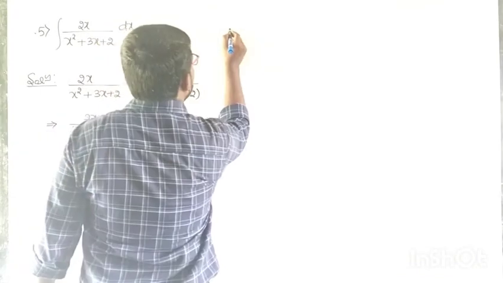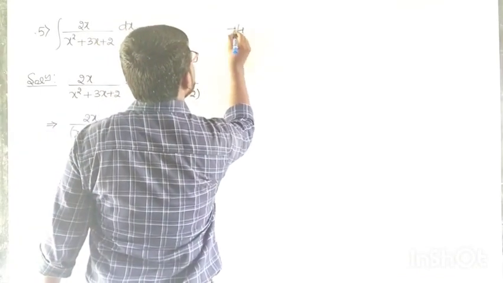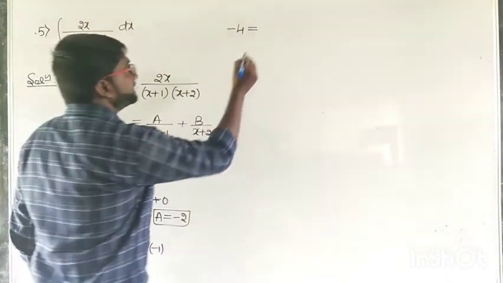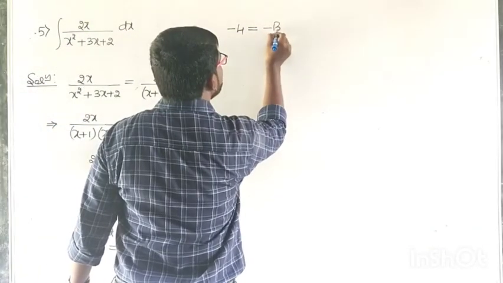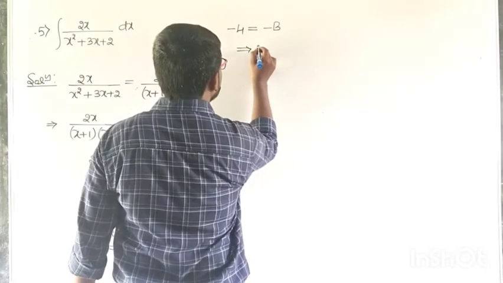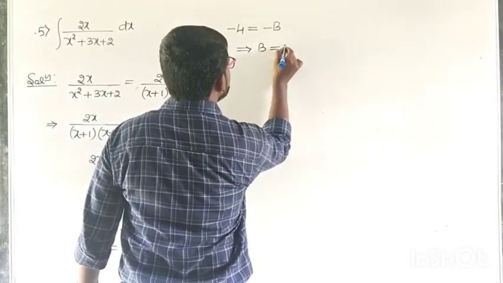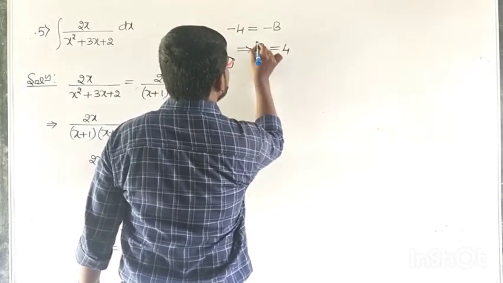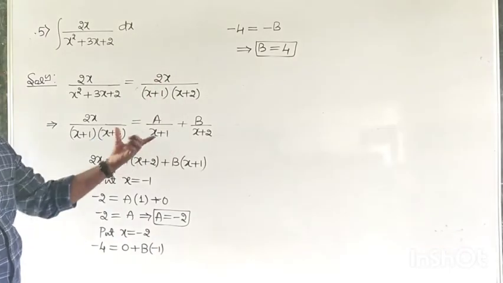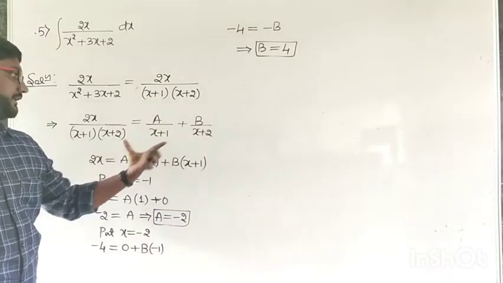So here minus 4 equals minus b. Minus 4 equals minus b. This implies b equals 4. So we have got both the values of a and b. So let us substitute those two values in this particular equation.